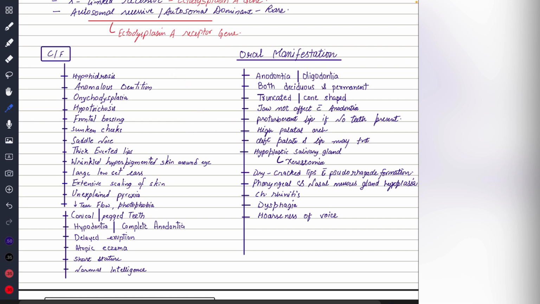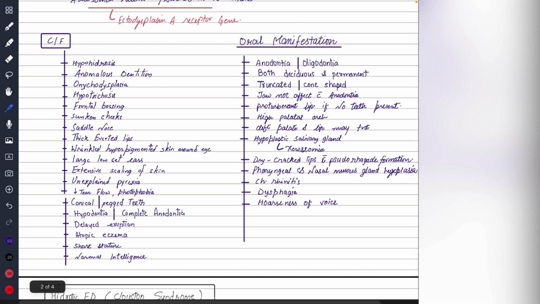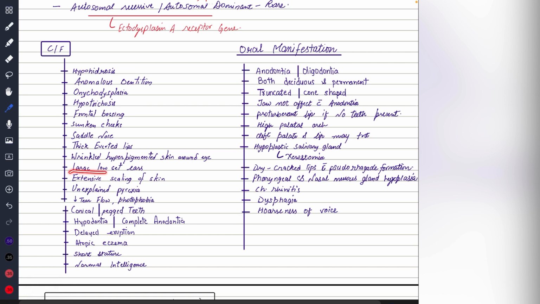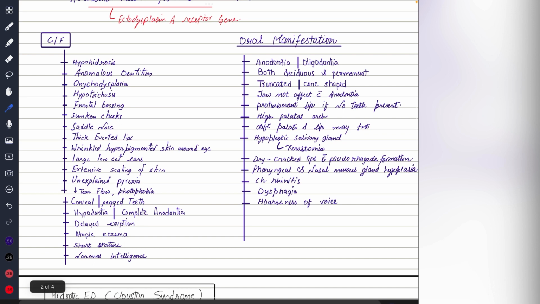Have you seen that monster named Frankenstein? It looks something like that. Large low-set ears, because of less development of skin and of the cartilage. In these cases, you have depressed ears, and extensive scaling of skin.